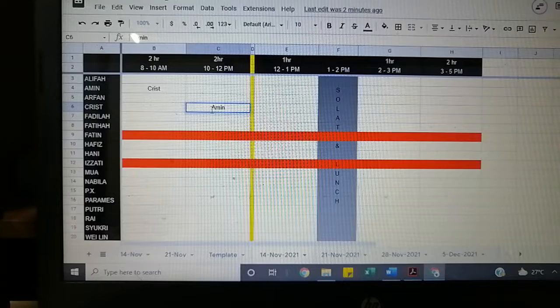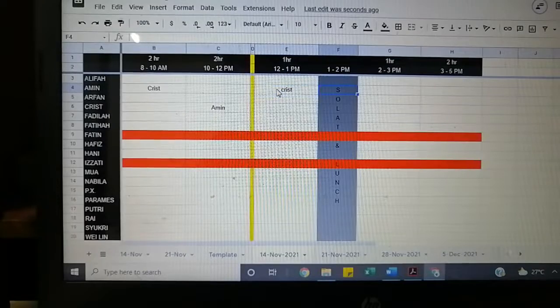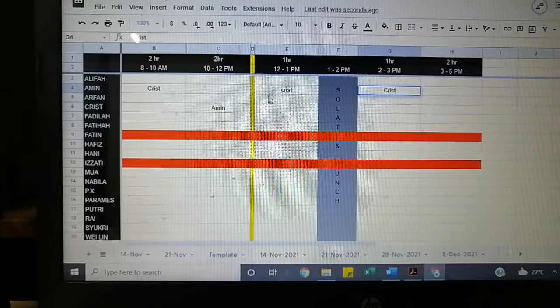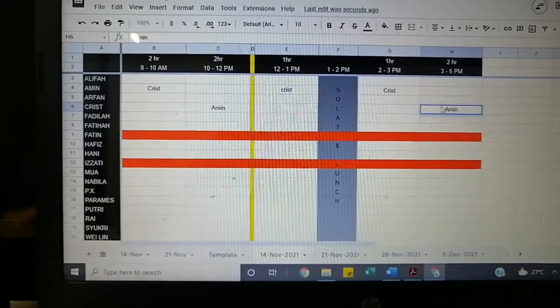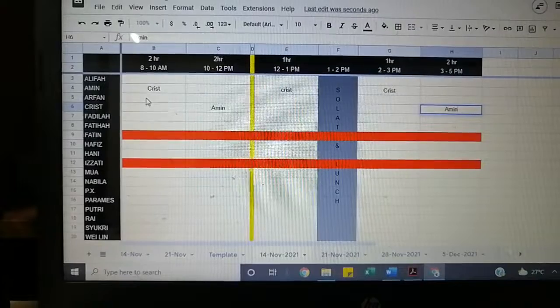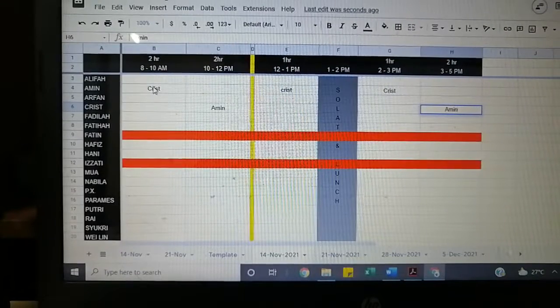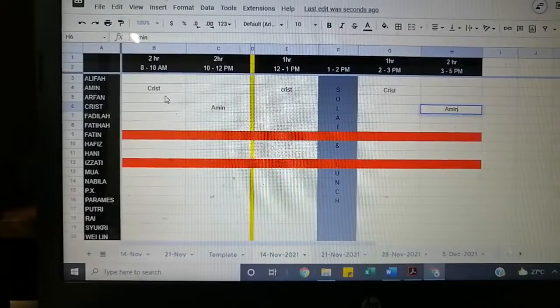After that I want to continue my KUB, so I continue to write my name here, Chris, and after lunch Amin will continue on me. So on this particular day, Amin and I will be one pair for the whole day, scanning each other until we finish the protocol.